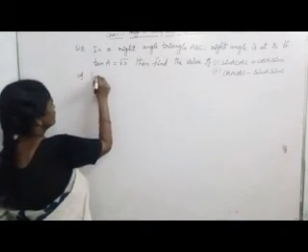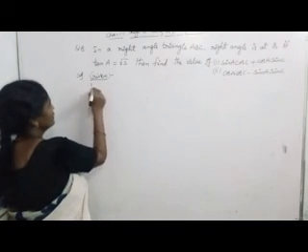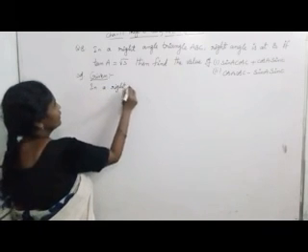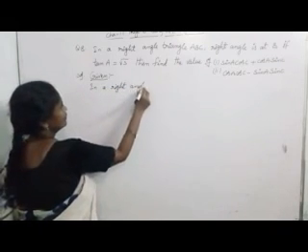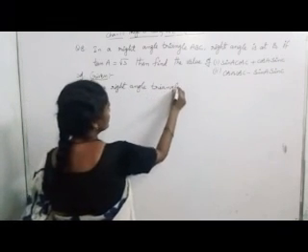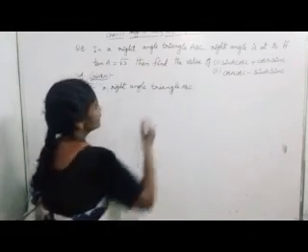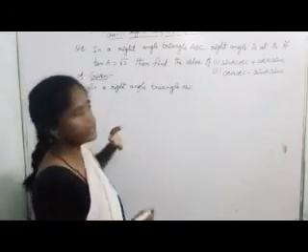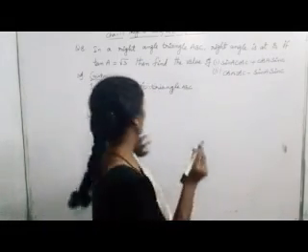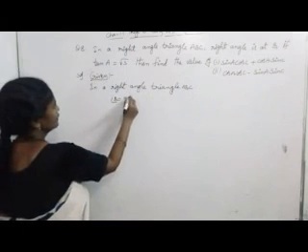Given, as usual, we have to write given. In a right angle triangle ABC, right angle at B, means angle B is equal to 90 degrees.